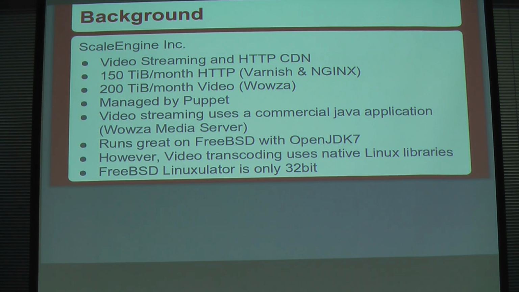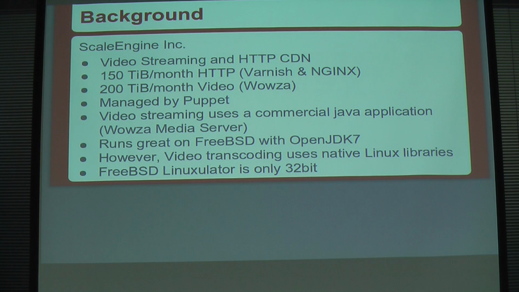But the video streaming software we use, Wowza Media Server, is a commercial application which we have to pay a license for, and it's Java. Using OpenJDK 7 has run fine on FreeBSD for us, originally using Java and then later OpenJDK.